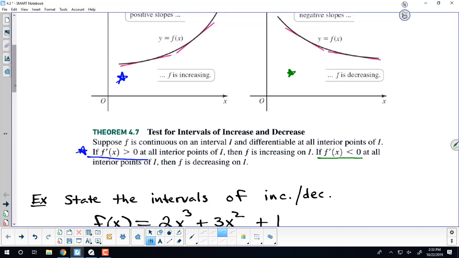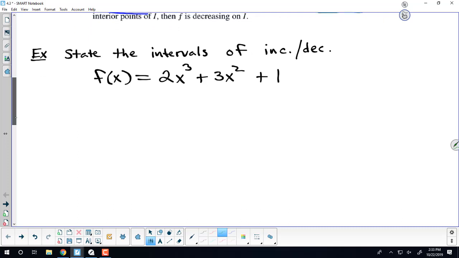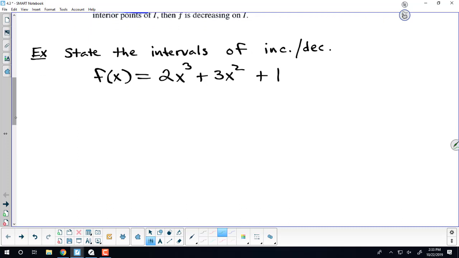So state the intervals of increasing and decreasing for 2x cubed plus 3x squared plus 1. So intervals of increasing and decreasing have to be answered in terms of the derivative. Where is the derivative larger than 0?